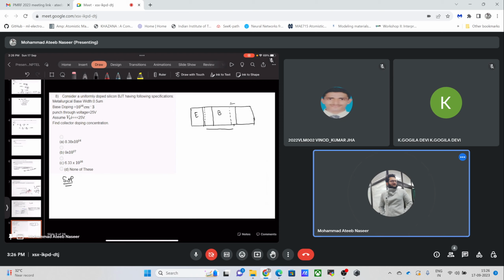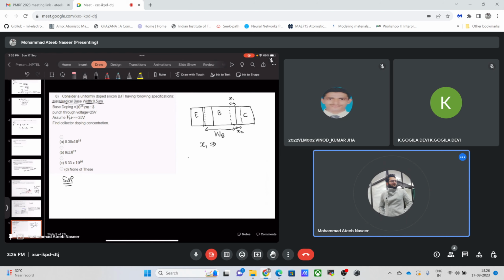Let's denote this by x1, and this by x2. This whole thing is the base width WB, and this is the collector of ours. Let's consider x1 is the space charge region, or the depletion region, that's extending into the base. WB is the metallurgical base width, which is given to us to be equal to 0.5 micrometer.